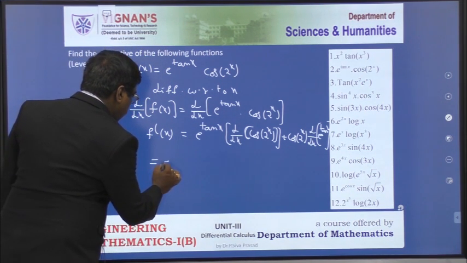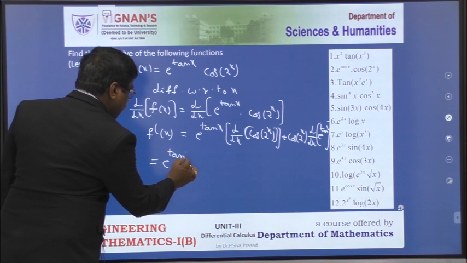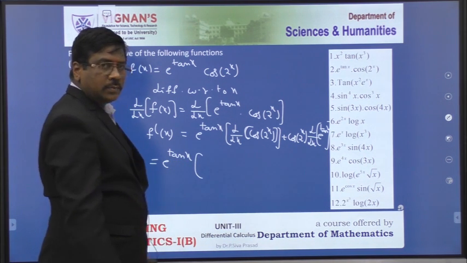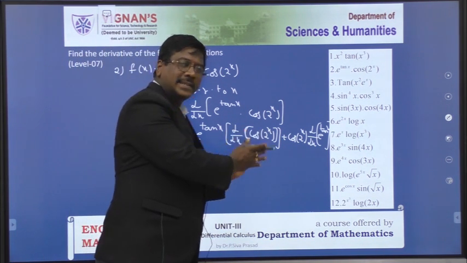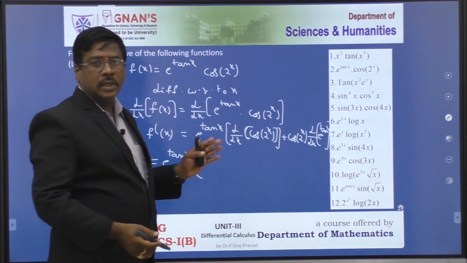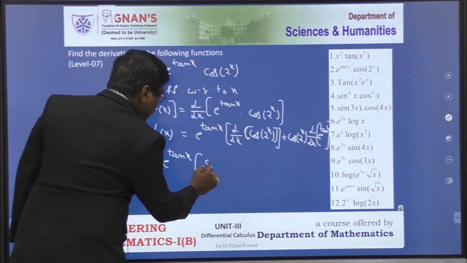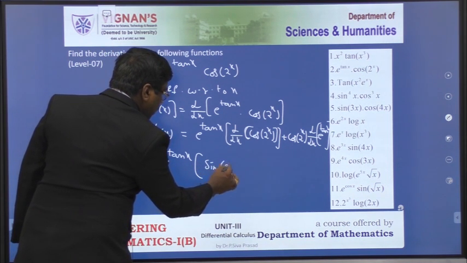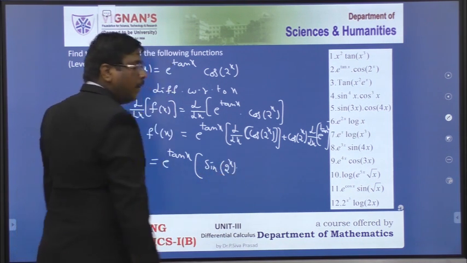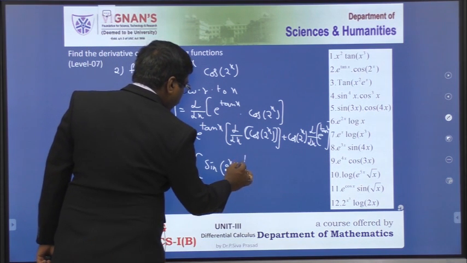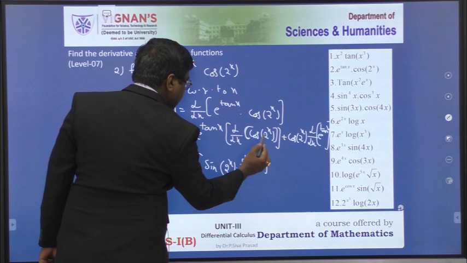Then this is equal to e power tan x into, let us assume cos of 2 power x is cos x. What is the derivative of cos x? That is minus sin x, but you have to write it in terms of 2 power x only, sin of 2 power x into the internal derivative, chain rule of differentiation, that is d by dx of 2 power x.